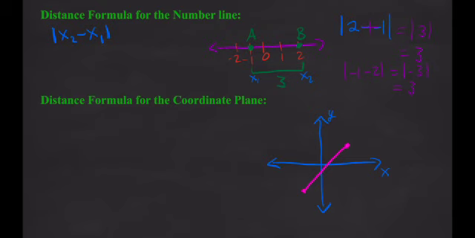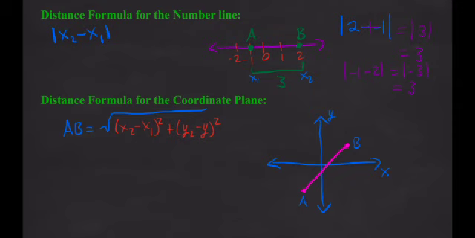Okay? Here's the distance formula in terms of these points. We are going to do it this way. Let's say this is A, this is B. We're going to say that the distance from A to B equals the square root of parentheses, x2 minus x1 quantity squared, plus y2 minus y1 quantity squared.